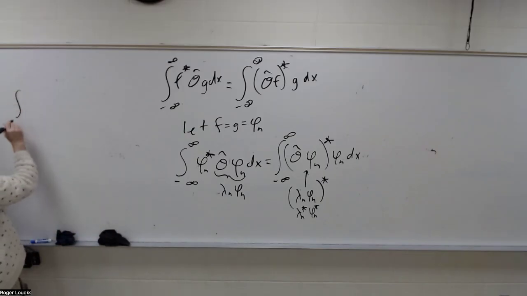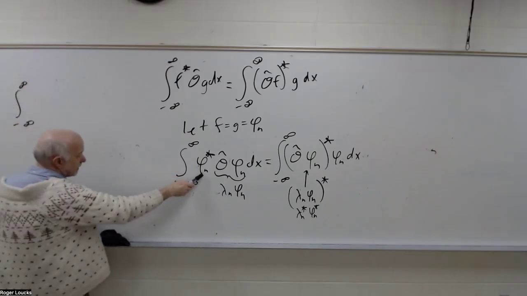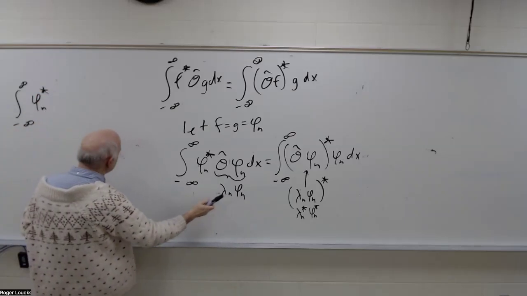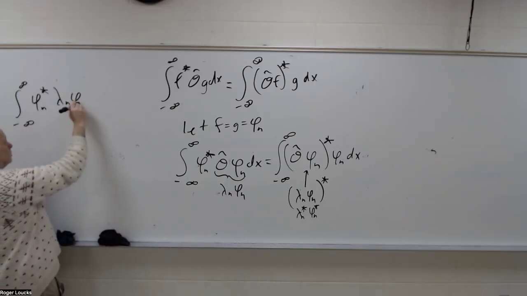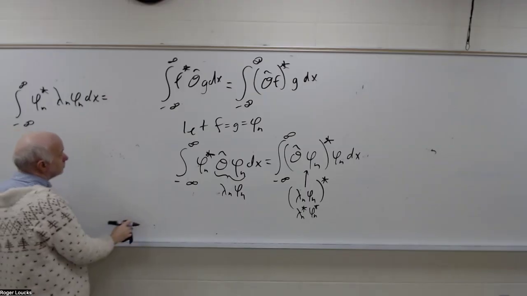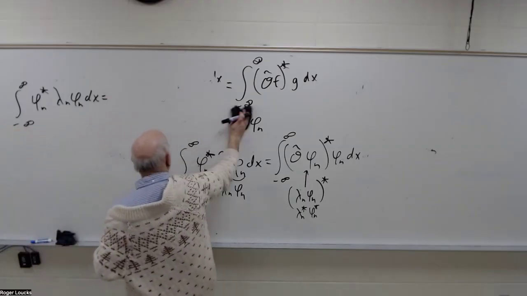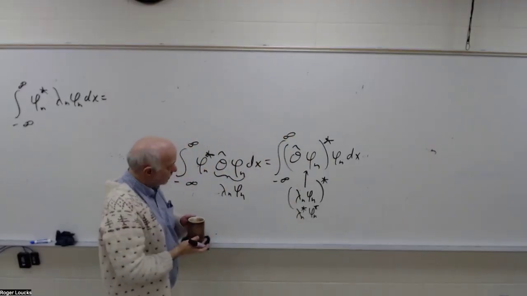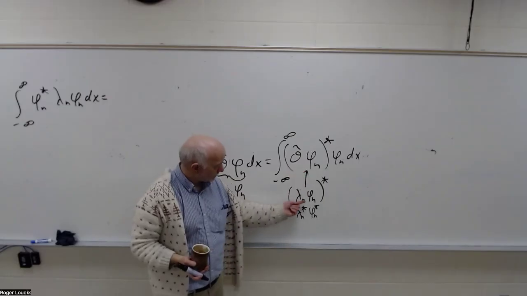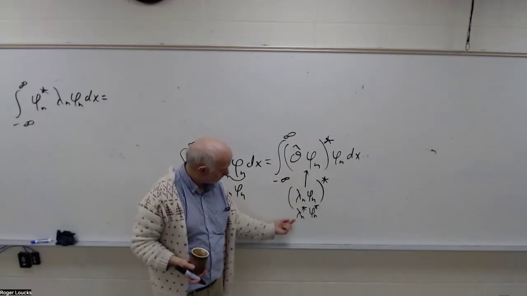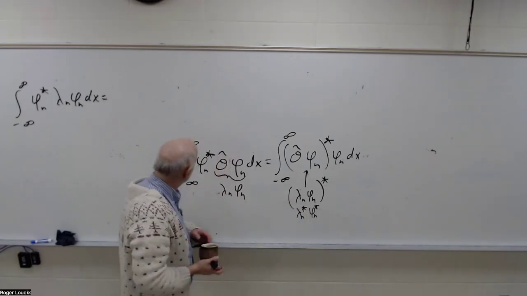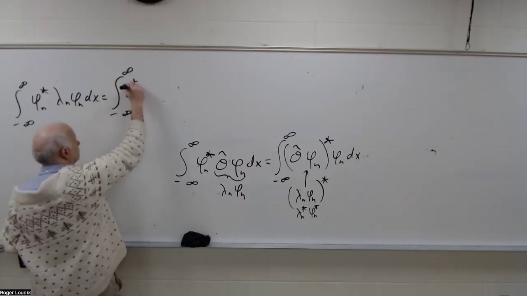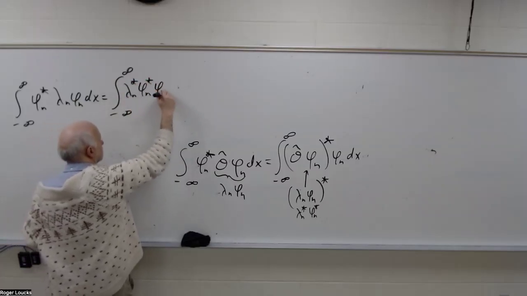I get phi n star times lambda n phi n equals, again, O on phi n giving me lambda n phi n, take the complex conjugate, so this whole thing becomes lambda n star phi n star, times phi n dx.